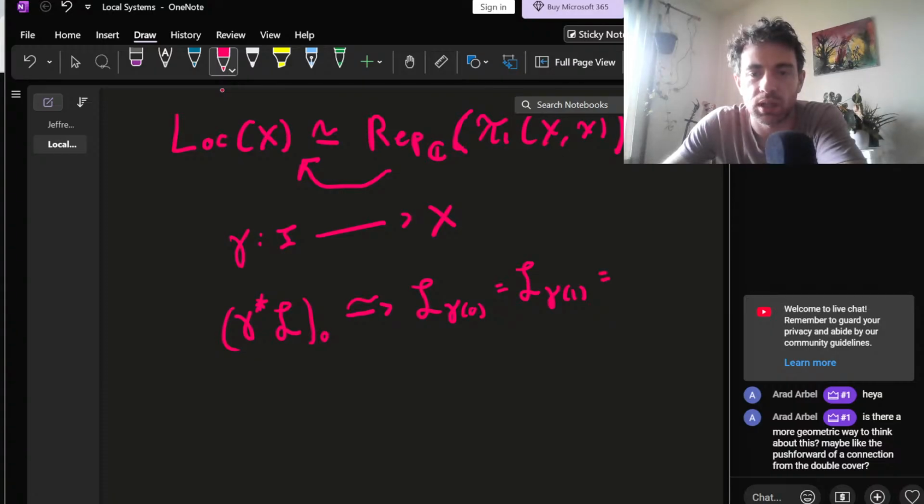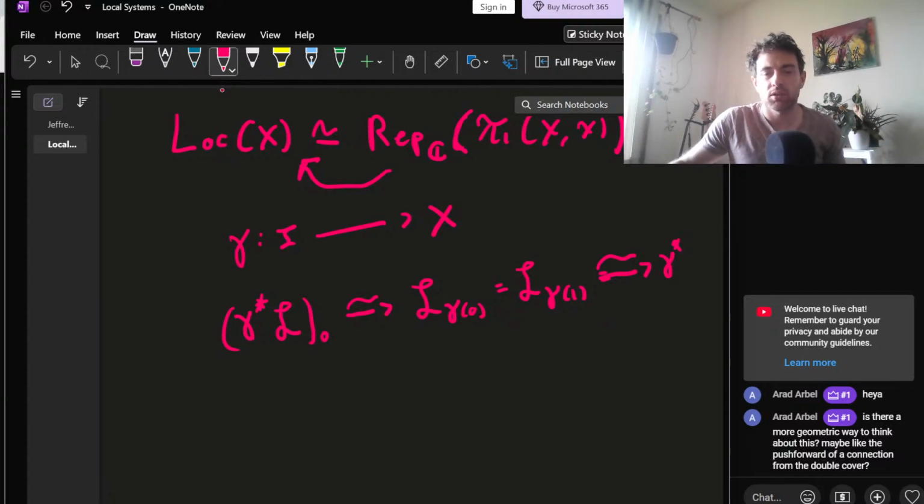And then that, in turn, is isomorphic to the stalk. Wait, am I doing things the wrong way? This is right, but somehow I want the same stalk on both ends of this.